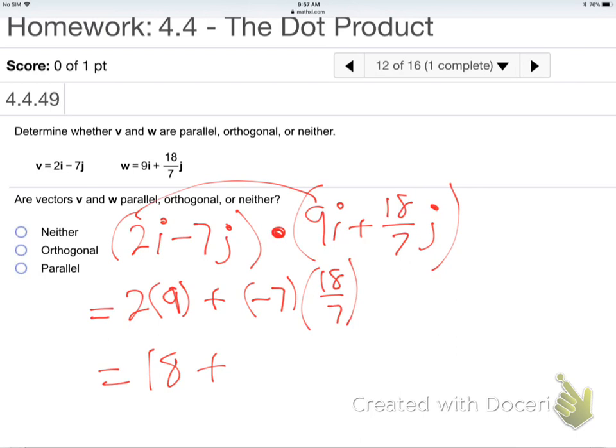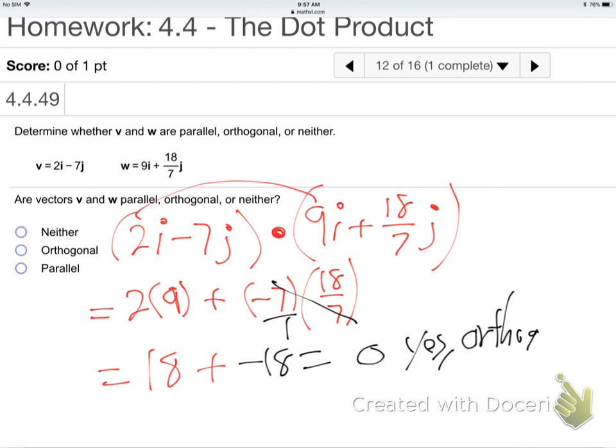The sevens cancel. Any whole number is over 1, right? So it's negative 18, and the sum is 0. So yes, orthogonal. Don't even need to look further. Those two vectors are at 90 degrees to each other. The dot product is 0. They are orthogonal. Is that good?